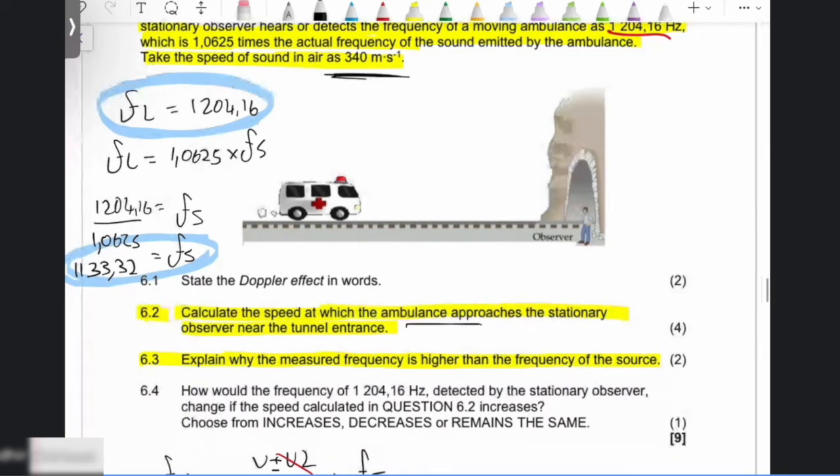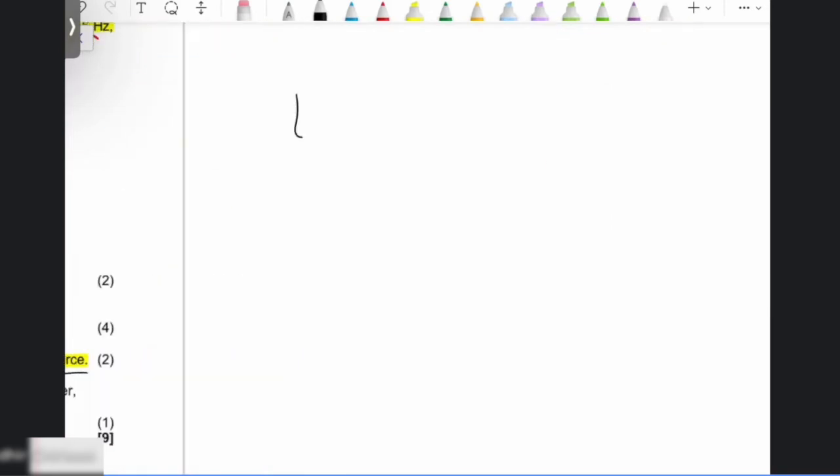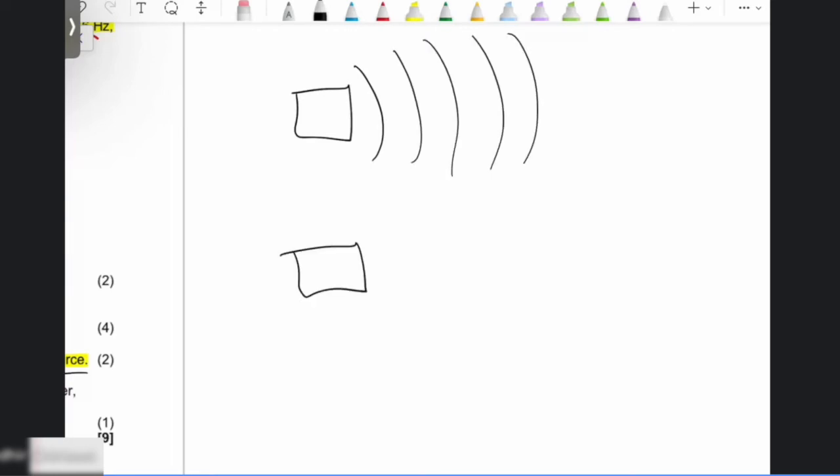Let me write it down so you know it. If you are stationary, the wave fronts are all equally distant apart. But as you approach, these wave fronts become smaller. This is telling us that we have a greater frequency because they're happening more often.